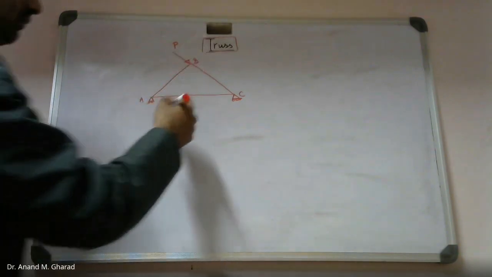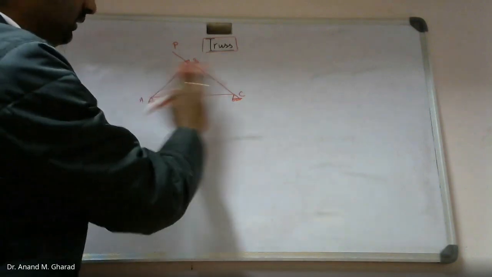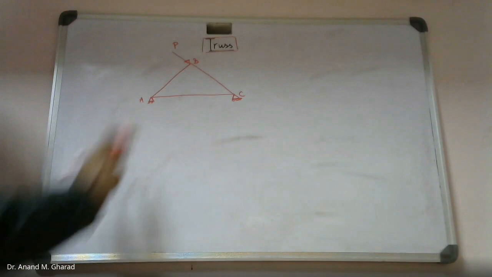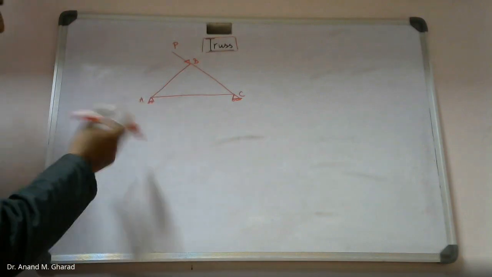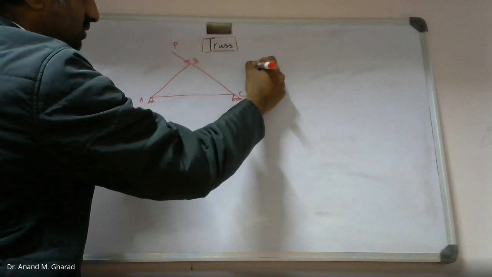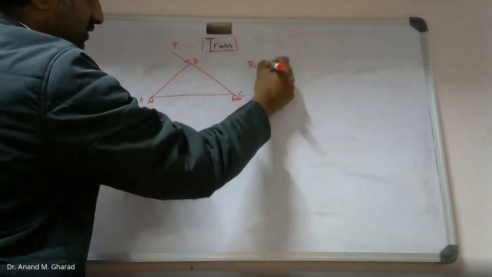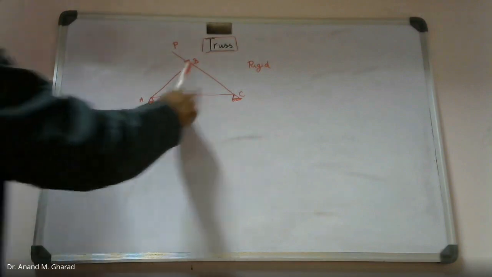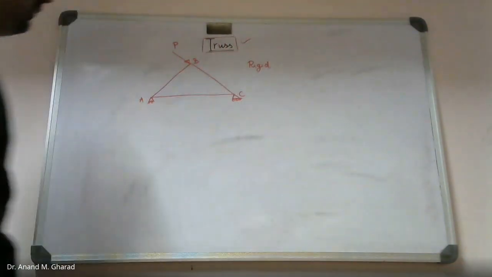There should not be any relative motion between any of the members. That is nothing but what we are doing: we are trying to make the structure rigid. Rigid in the sense it will not move, isn't it? So such kinds of structures are known as trusses.